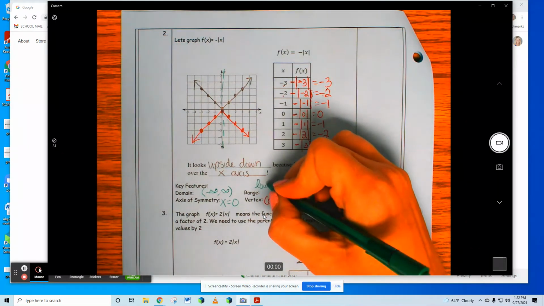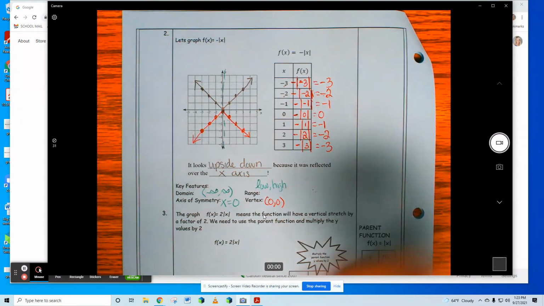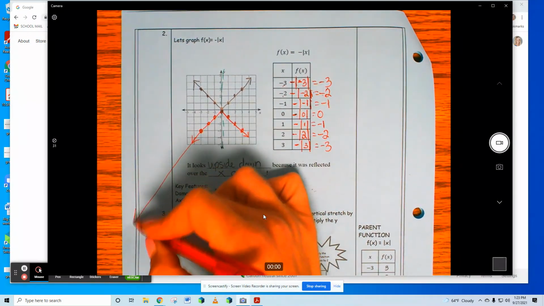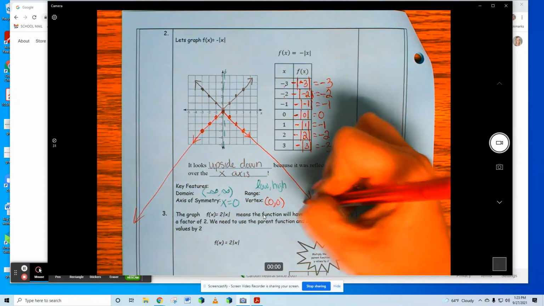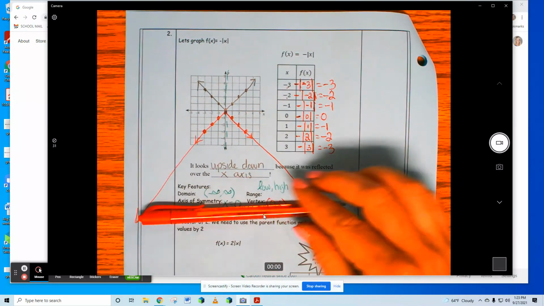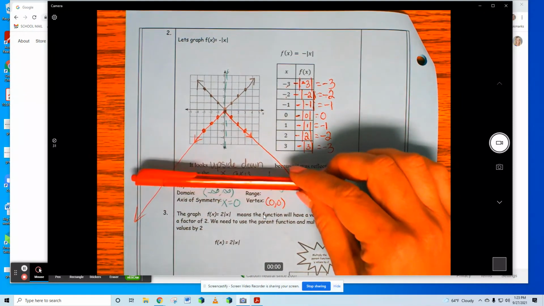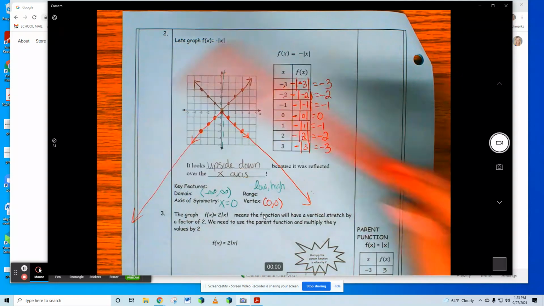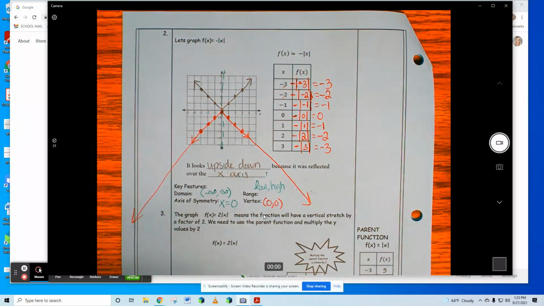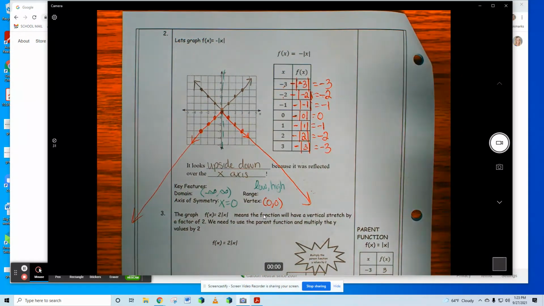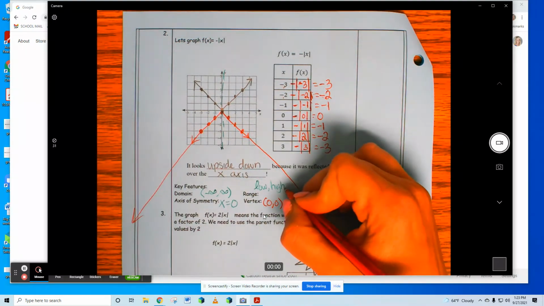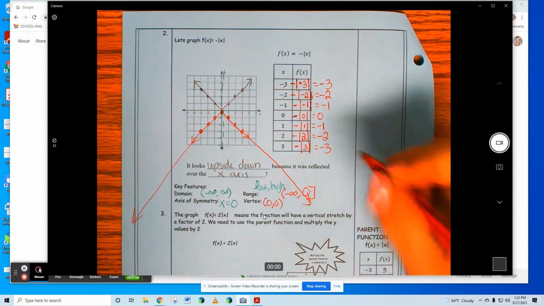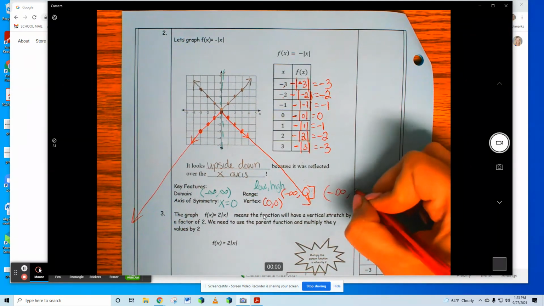Range is low to high. Start low. These red lines go forever. So it's way down here in negative infinity. Negative 100, negative 50, negative 10. Oh, but then it stops. Red line only. It stops at 0. That means there's a bracket at 0. Negative infinity in parentheses, comma, 0 bracket.